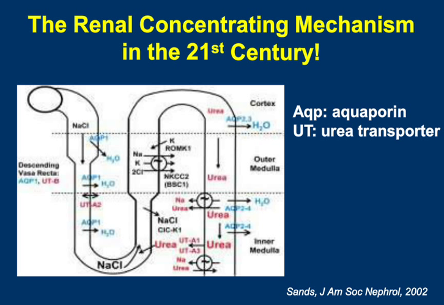At a more molecular level, there are many transporters that play a role in setting up this countercurrent mechanism. And if you go along the nephron, aquaporin 1, the water channel in the descending thin limb of the proximal tubule, is a major player in allowing water to go across the cell into the interstitium.